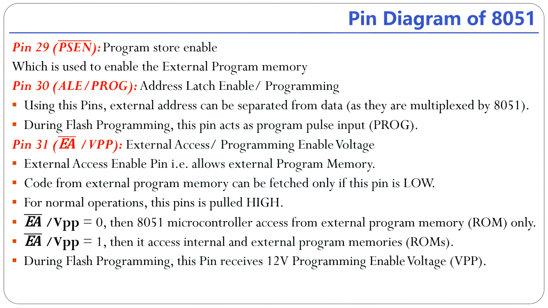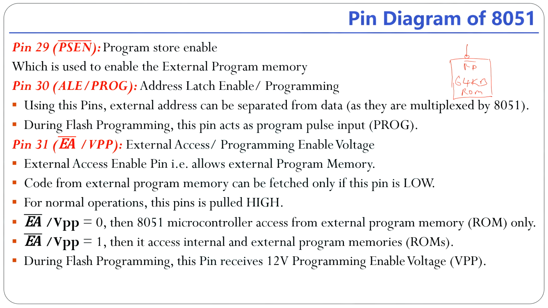Pin number 29 is the program store enable, which is used to enable the external program memory. We already discussed this while discussing the architecture of 8051. When it is using external program memory, that is ROM, the ROM has a read bar control signal.